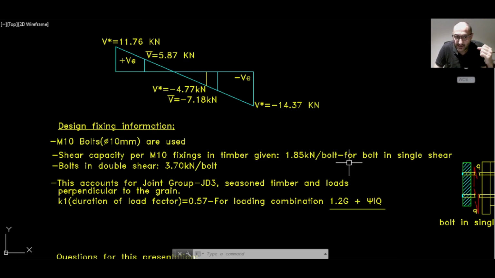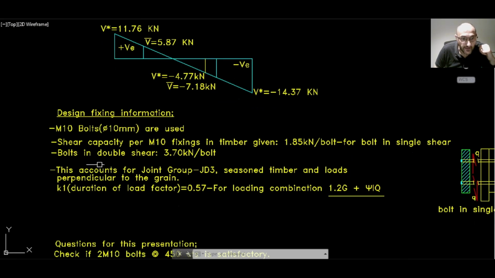So this is not the capacity of the actual bolt. This is the capacity of one fixing, okay? And also, this is the capacity for single shear, if the bolt were to shear in a single location. For bolts in double shear, the capacity will be double, which is 3.7 kilonewton per bolt.